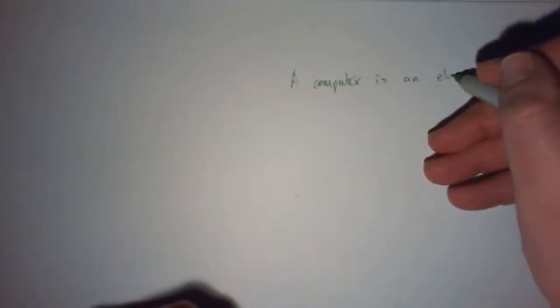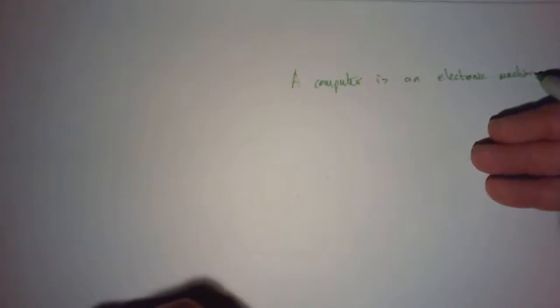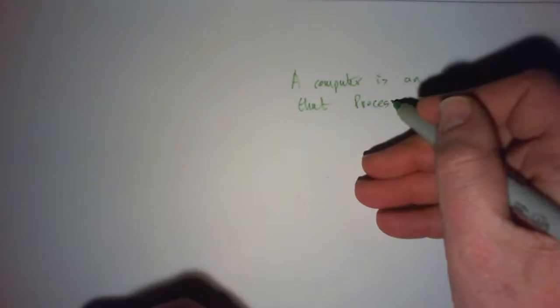What is a computer? Well, a computer is an electronic machine that processes data in its most simple form.